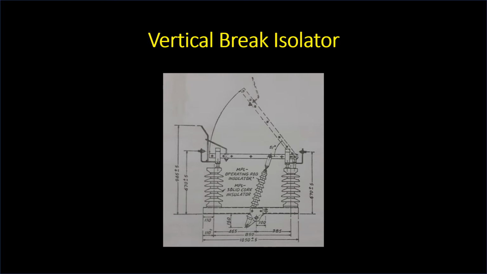At the bottom you will find the operating mechanism, which is attached to the central link. The moving contact, this rod, operates in a vertical position, and that is why it is called vertical type isolator.